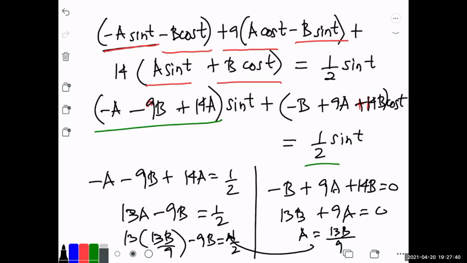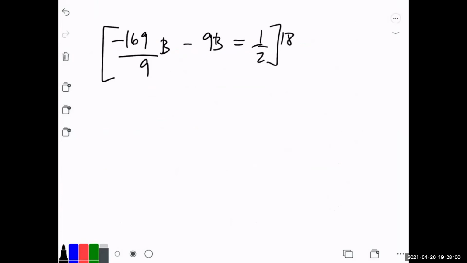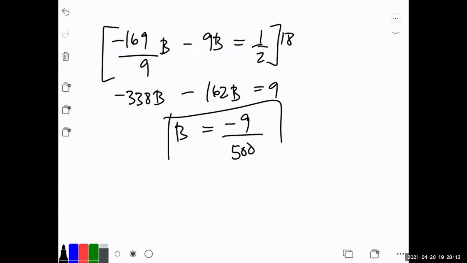So this would be equal to negative 169 over 9 b minus 9b equals 1 half. So let's multiply everything by 18. So this would be negative 338b minus 162b equals 9. And this will give you b equals negative 9 over 500. So that's for our b coefficient.